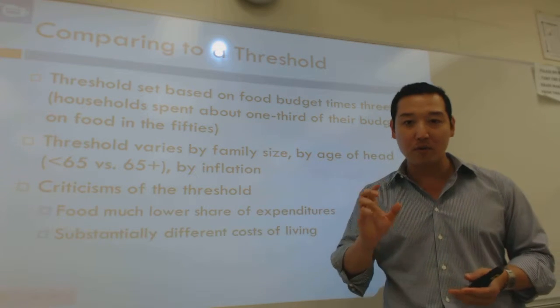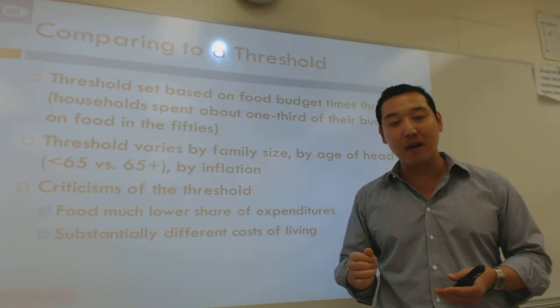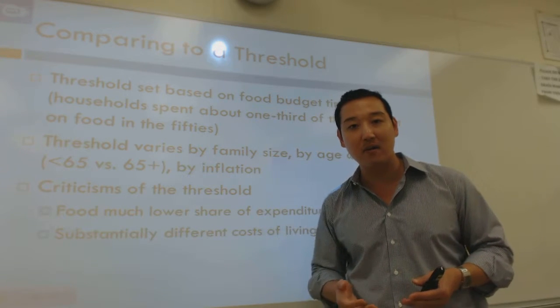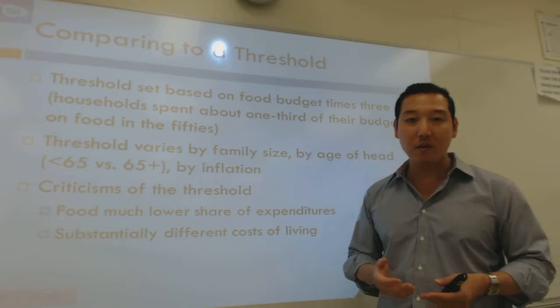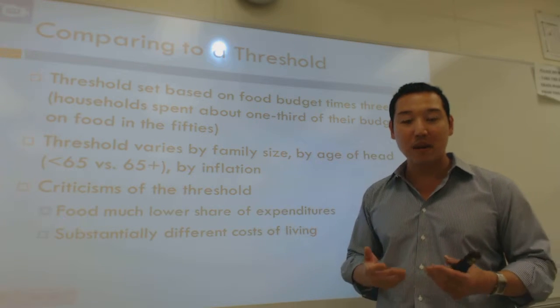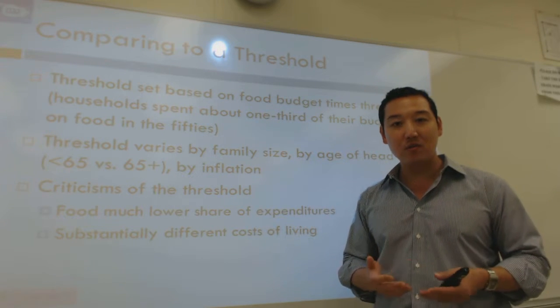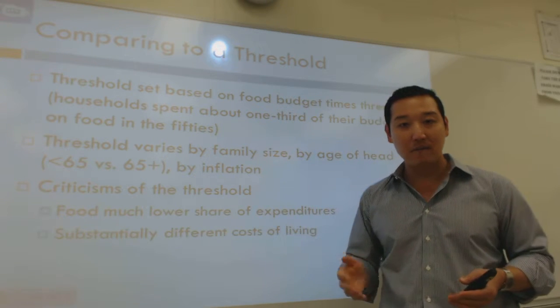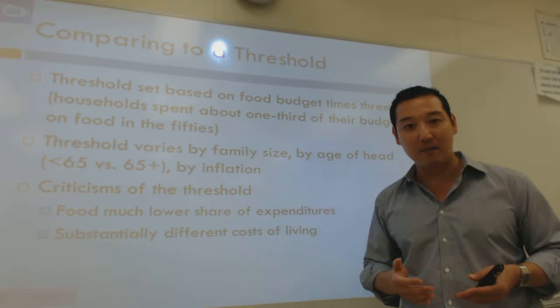There's another more nuanced criticism based on indexing, that point that I made earlier about wage indexing versus price indexing. There are some who argue that we should be wage indexing as opposed to price indexing. Now, most students think that prices seem to go up faster than wages, which is true of more recent years.